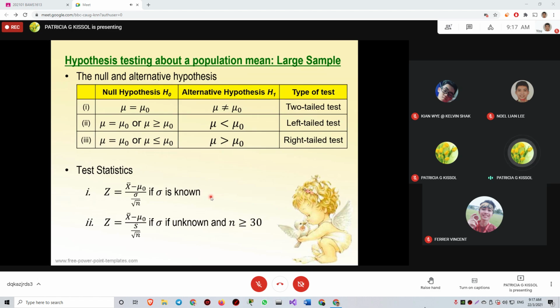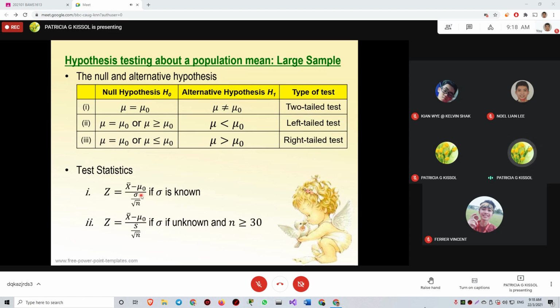So just like in confidence interval, the question will not tell us, okay, sigma is known or sigma is unknown. Some questions won't state this. So the best indicator would be simply this: if your n is greater than or equal to 30, then immediately use s rather than sigma. It's just a matter of using the correct notation. If you look at the two formulas that you see here, number 1 and number 2, they are basically the same formula.